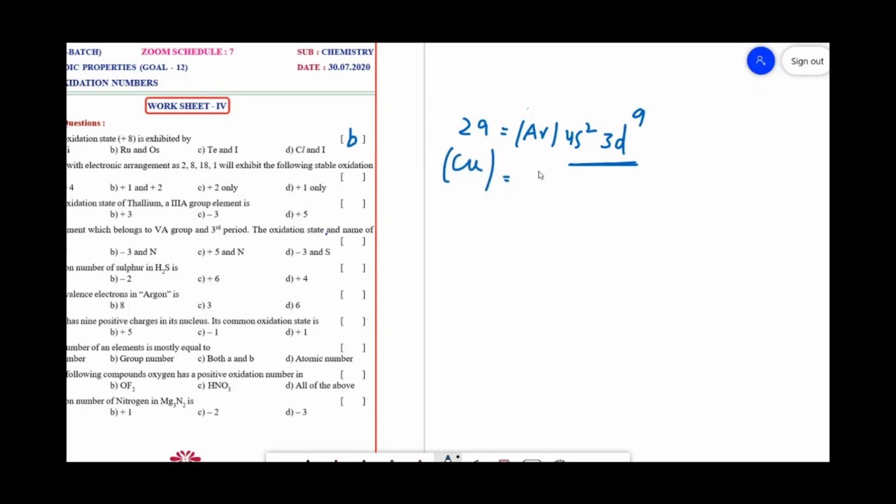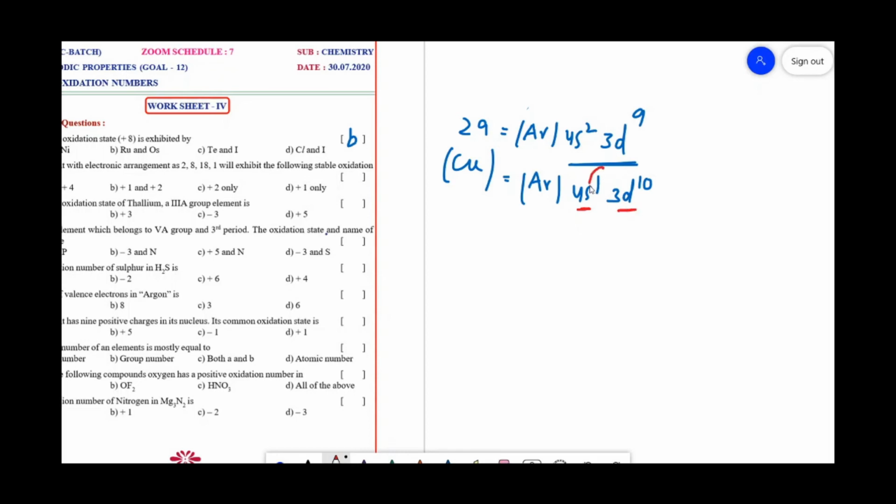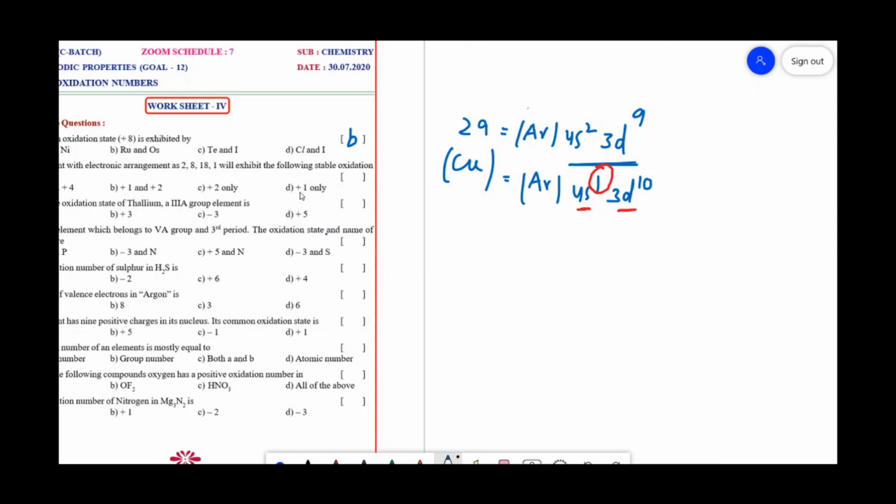For copper this is expected, but the configuration of copper is argon 4s1 3d10. So always the electrons we can remove easily from the fourth orbit. Why? Because this is the outermost orbit and this is penultimate. So first we can remove this electron. So the oxidation state expected is mostly +1, and in some cases it also shows +2. Copper can exhibit both +1 and +2.